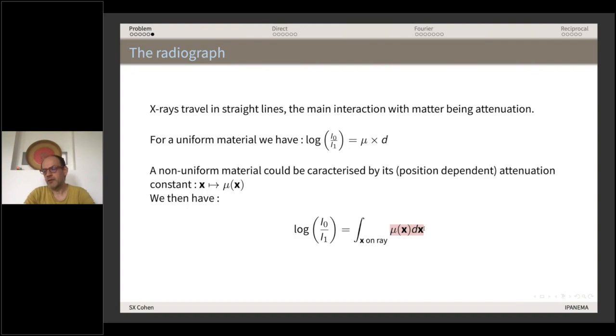And what I saw before is that, because I'm on a log scale, I can just sum the absorbance of each element of matter that I'm traversing. So basically what I'm going to measure for one X-ray, for one ray which goes through the material, is the integral of the linear absorbance of all the matter which is traversed, weighted by the length of each of these.